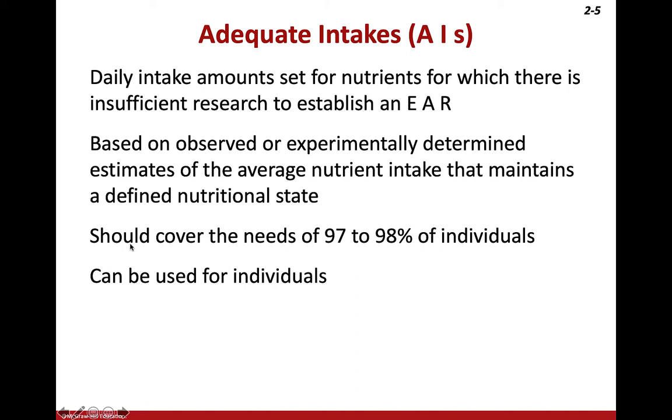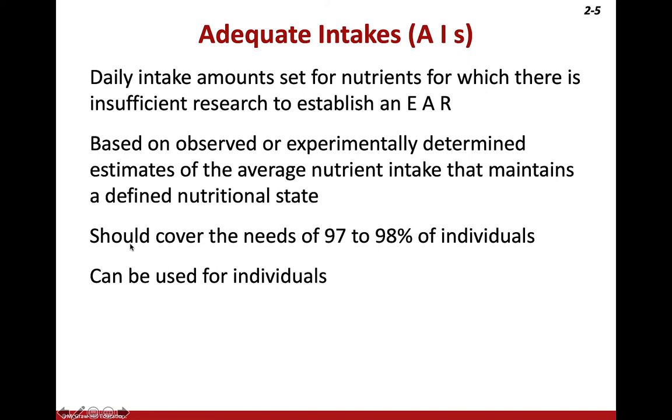So they should cover the needs of 97 to 98% of individuals. So adequate intakes can also be used for individuals, but there's not as much support for them as there is for the RDAs. So RDAs, once again, so far are really what we should be using if we're looking at an individual basis.